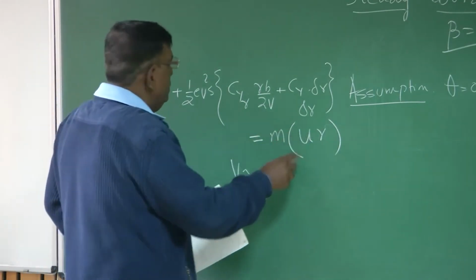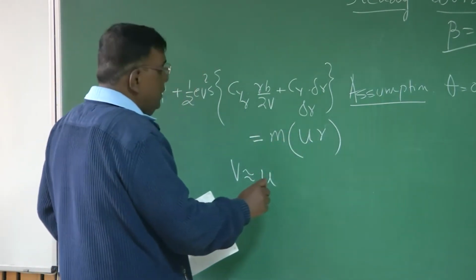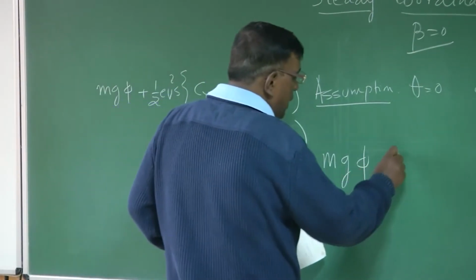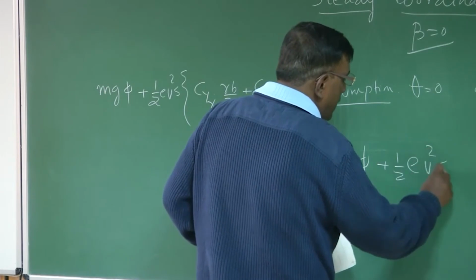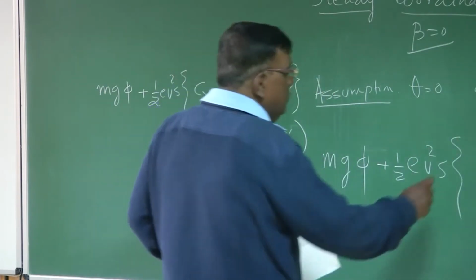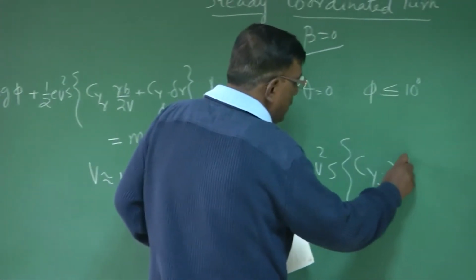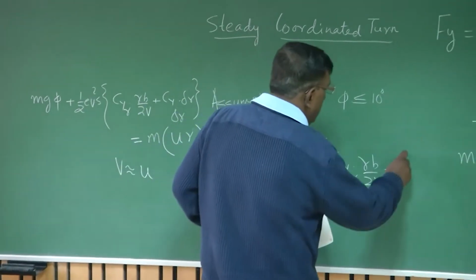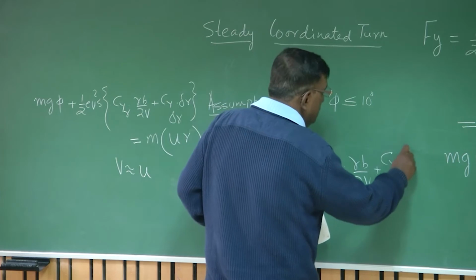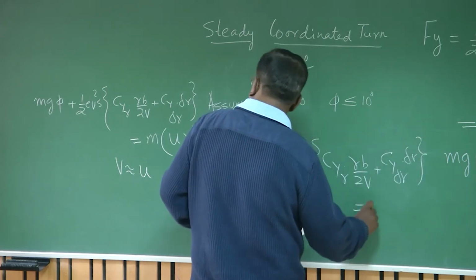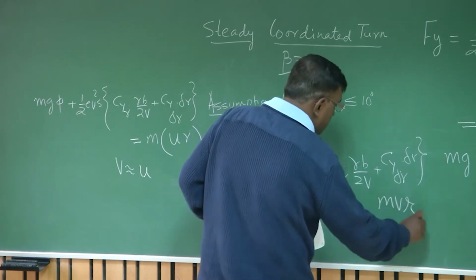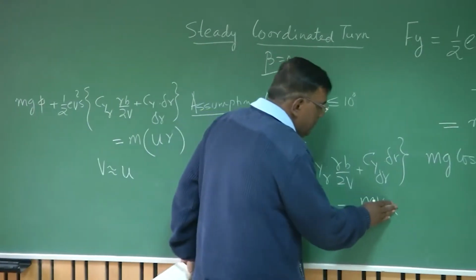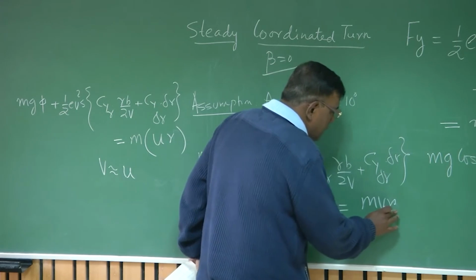So I can replace this u by v. So I can write mg phi plus half rho v square S into Cy r into R b by 2v plus Cy delta r into delta r equal to m v r, where r, notation-wise, is the yaw rate.